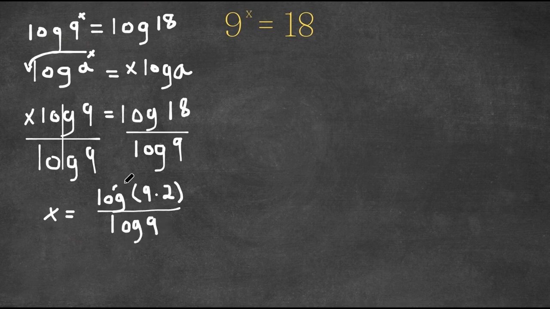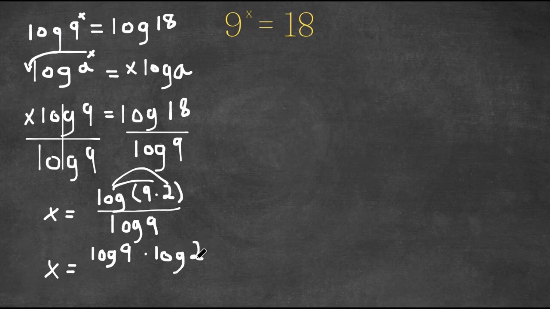And now if I distribute the log to both of these terms into parentheses, I get x is equal to log 9 times log 2. And we are still dividing this by log 9. And sorry, this is actually a plus.